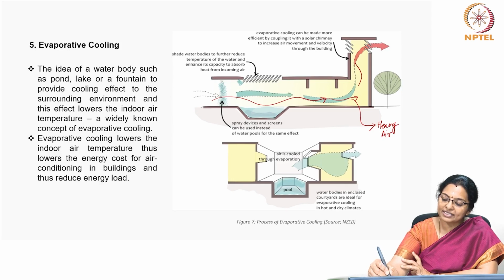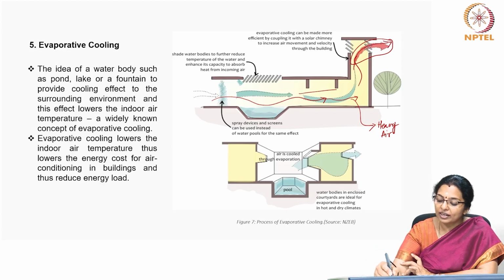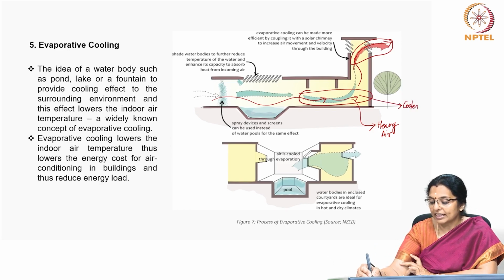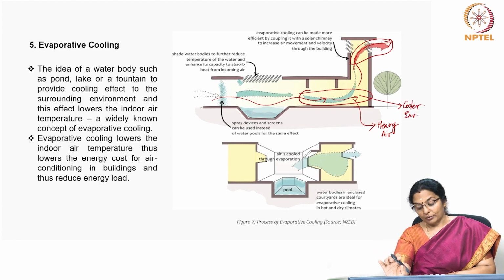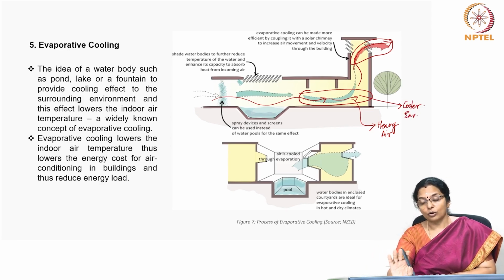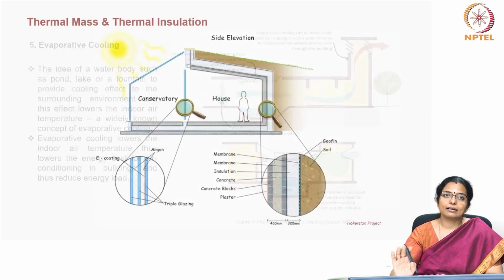It replaces the warm air, and warm air which is lighter, less dense, flows out if appropriate opening is given, and this creates a cooler environment in the habitable area by using water body. But water body cannot be used in all climate types to lower the temperature. We will look at this in greater detail later.